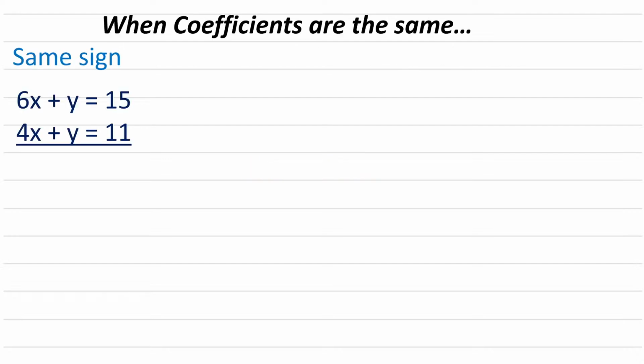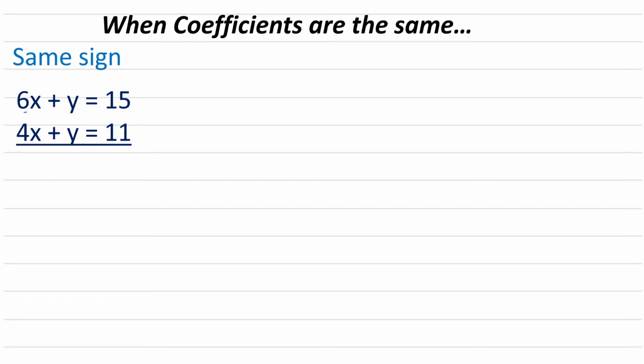So here I have two linear equations. One that says 6x plus y equals 15, and the other that says 4x plus y equals 11. Now, I've said here when coefficients are the same. So I said earlier what coefficient means. Coefficients are the numbers that are next to the variables.